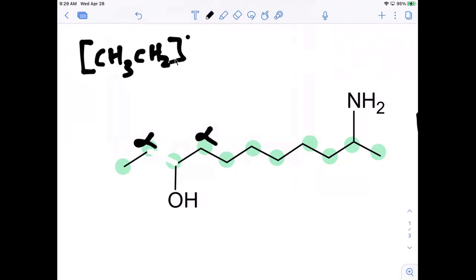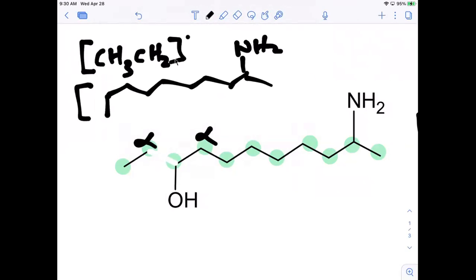I'm gonna make that my radical. And then the cation will be all this stuff that's left. That's a lot to draw, I'll just write it in. I'll make that the cation, right? Because when I'm cleaving is the radical cation. So one fragment is going to be the radical, other fragment is going to be the cation.